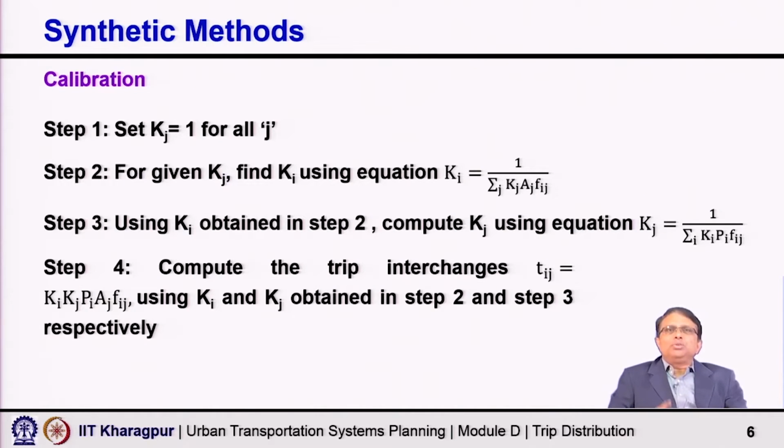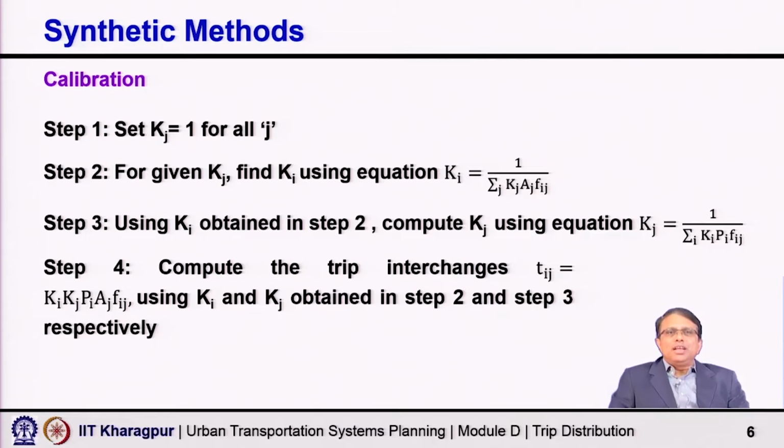Now, what did we do? We first assumed Kj as 1 for all j, then with those Kj's we calculated the values of Ki for all i. Then again, with those values of Ki, we went back and calculated the value of Kj for all j. After this we can apply the doubly constrained model, because we have a set of values of Ki and a set of values of Kj.